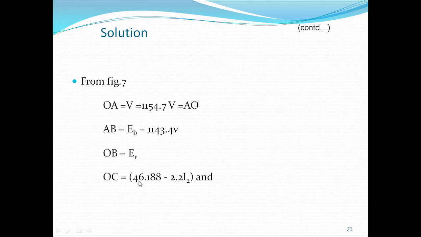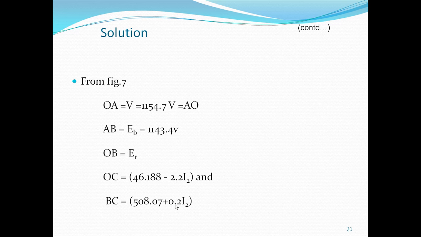OC is equal to 46.188 minus 2.2 I2, and BC is equal to 508.7 plus 0.2 I2.